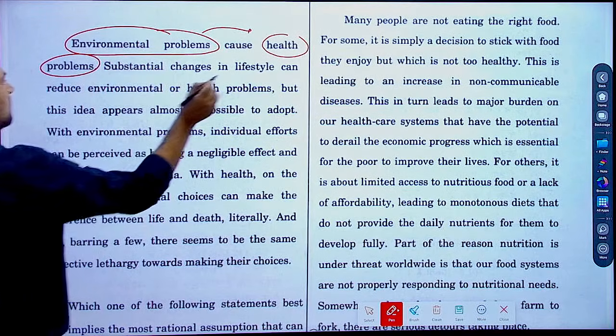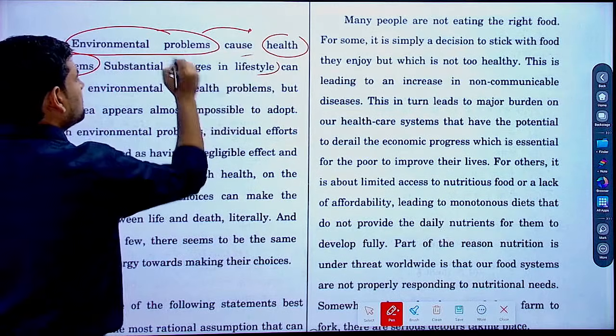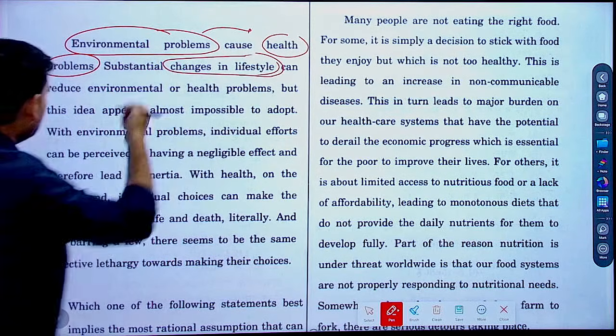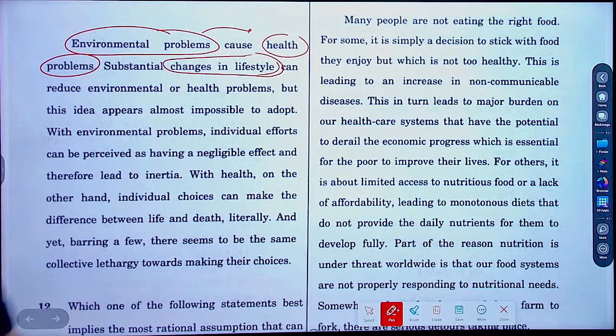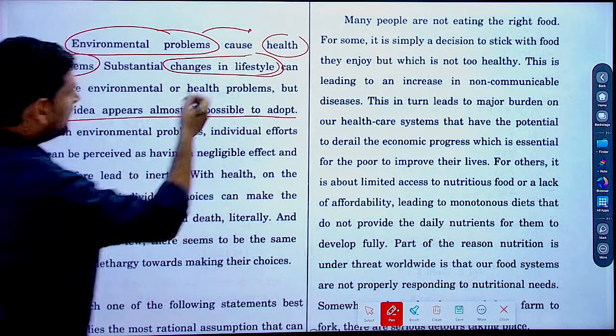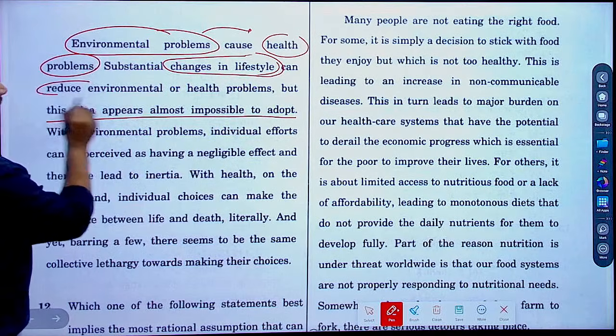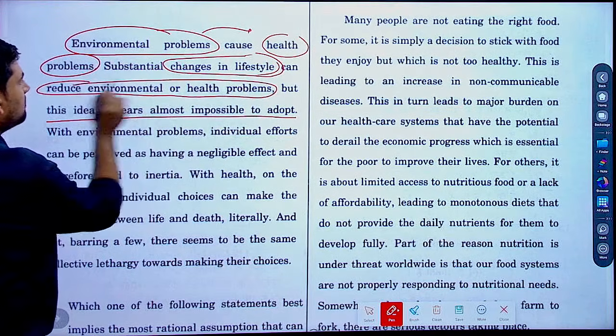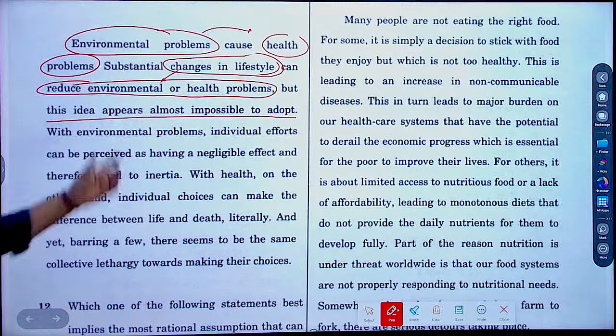Okay, so this is talking about changes in lifestyle helping to reduce environmental or health problems. Then, but this idea appears almost impossible to adopt. Correct? So this idea that changes in lifestyle can reduce environmental or health problems seems very impossible to adopt.